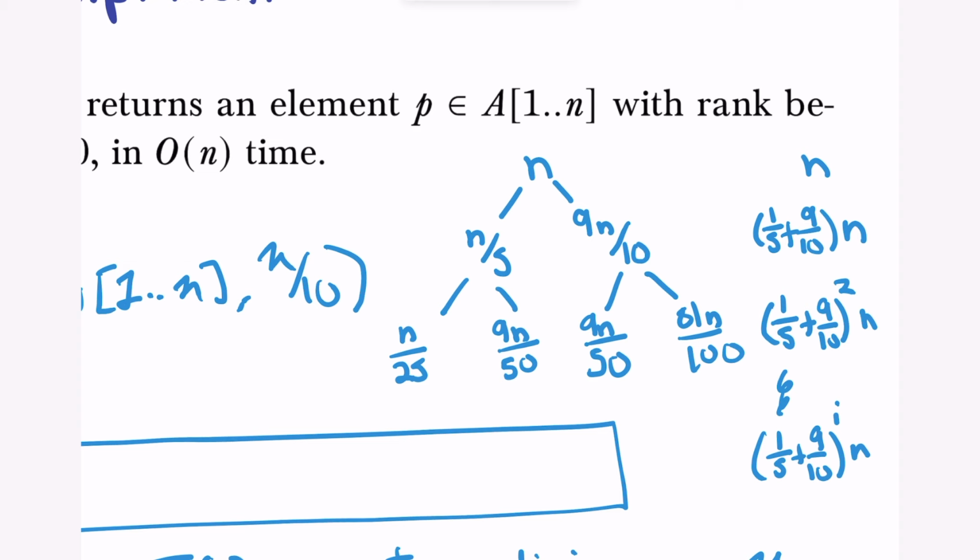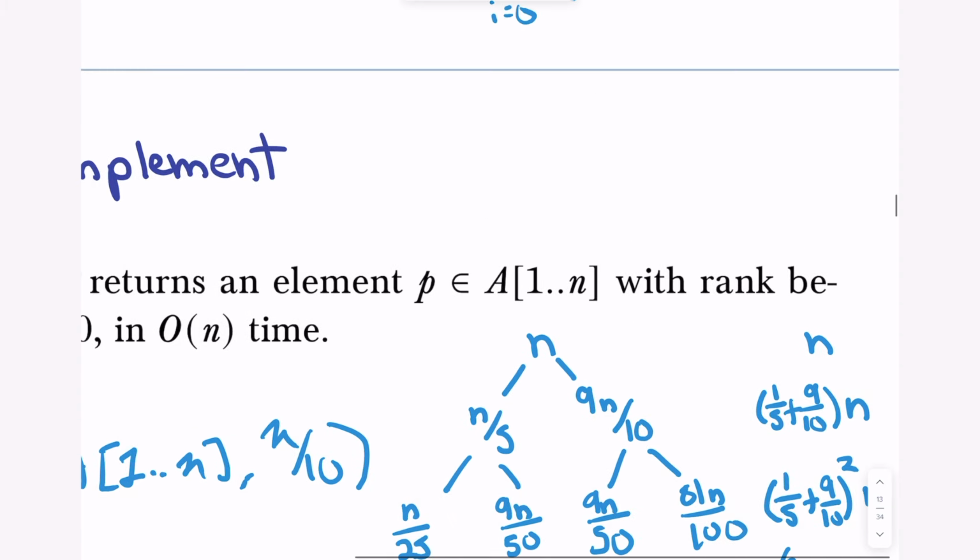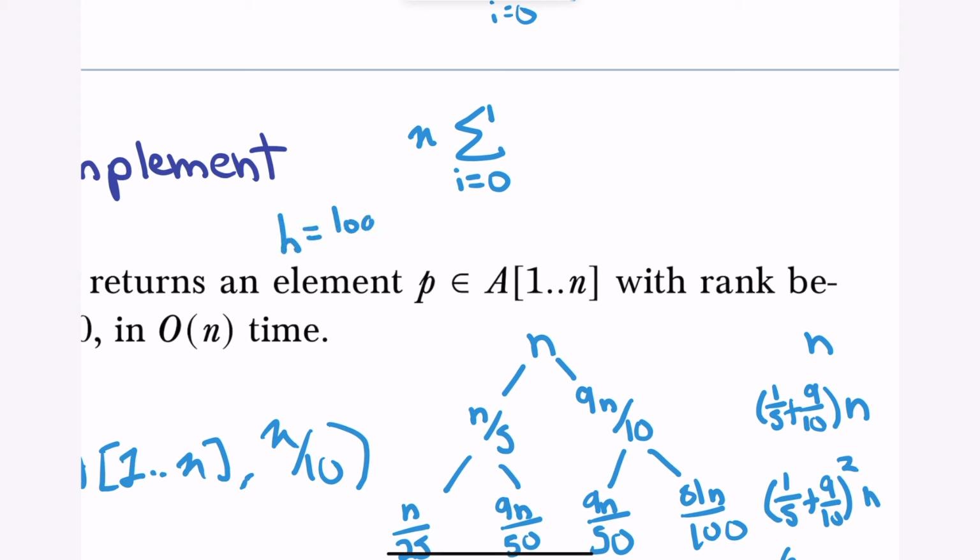Okay. There'll still be log n levels because you're making some progress, although it'll be a weird constant. But okay, so that means your overall running time, I'll pull the n on the outside. So h is going to be like log base 10/9 of n ultimately. Sorry, I'll put just h here.